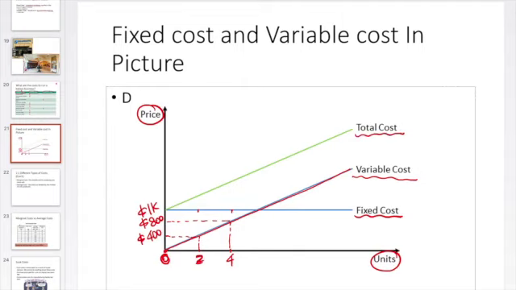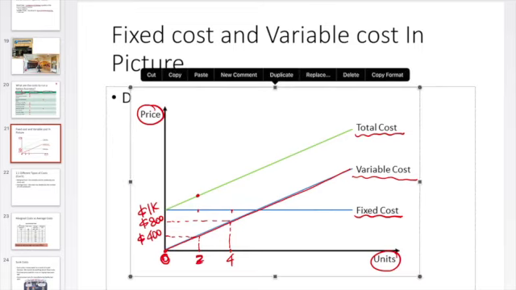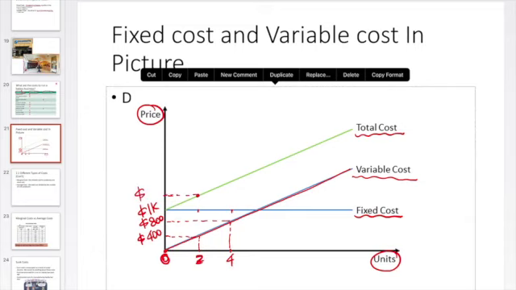And then the total cost is just the variable cost plus the fixed cost. So for this, if you make 2 products, you're going to have the fixed cost, which is 1K, plus the variable cost, which is 400.